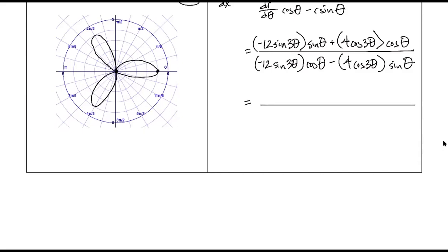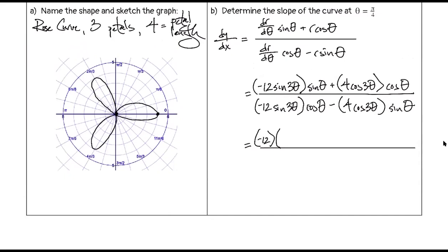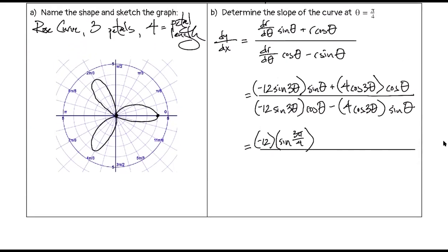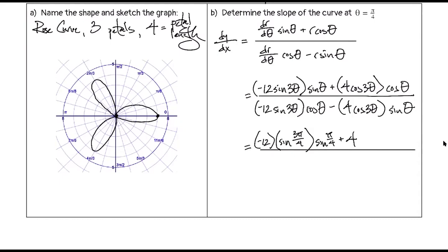Okay, so I have a negative 12, that stays. Sine of 3 theta is really the same thing as sine of 3 pi over 4. Does that make sense? Then we have sine of pi over 4 plus 4 cosine 3 pi over 4 cosine pi over 4.